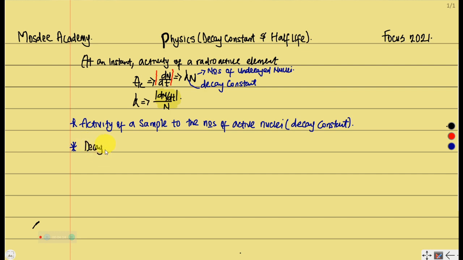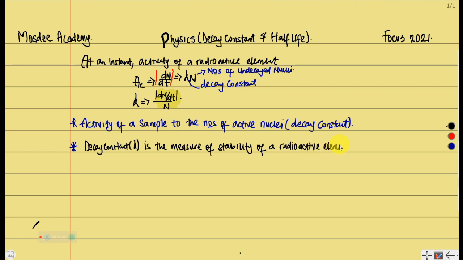The constant, which is lambda, is used as the measure of stability of a radioactive element. This is also very important because you might see questions that ask you about the stability of a radioactive element.